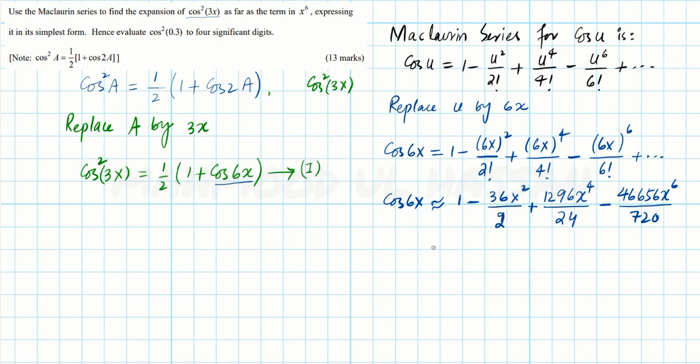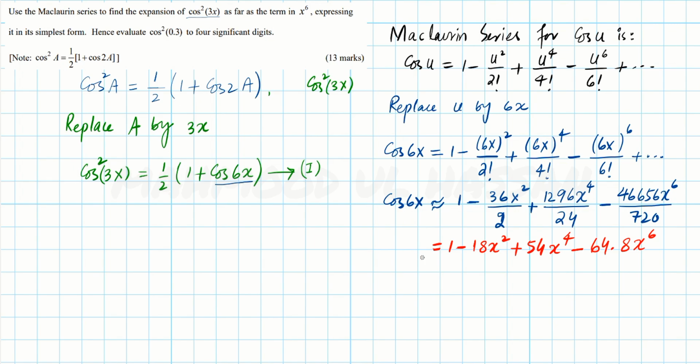So now further simplification: that is going to be 1 minus 36 divided by 2 is 18 x to the power 2. 1296 divided by 24 is 54 x to the power 4, and minus 46,656 divided by 720, that gives us 64.8 x to the power 6.